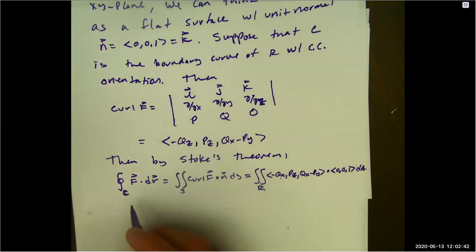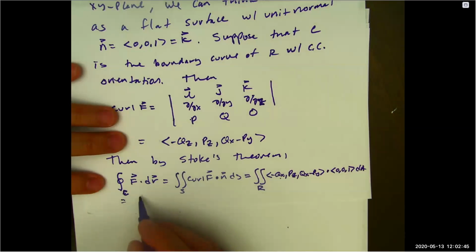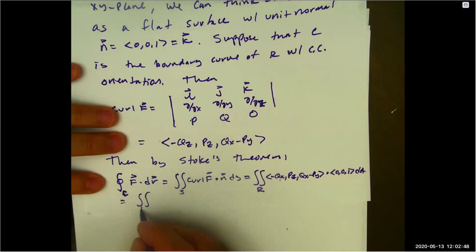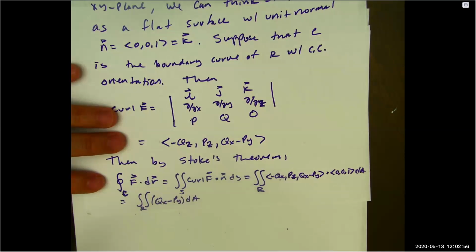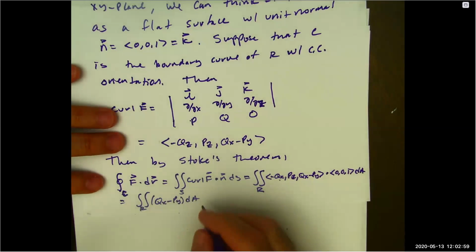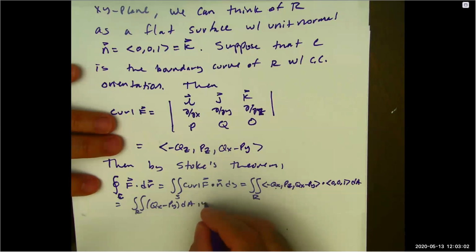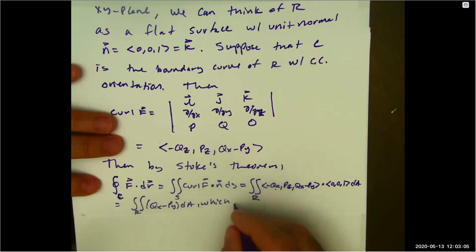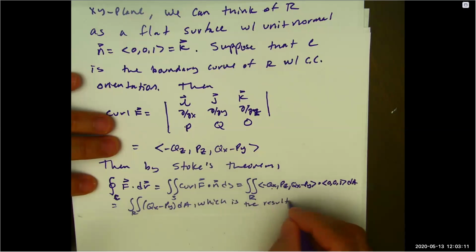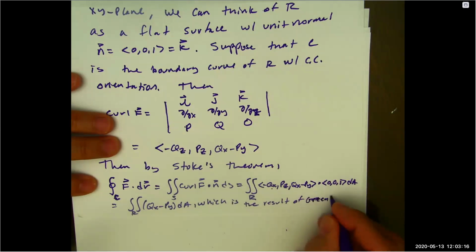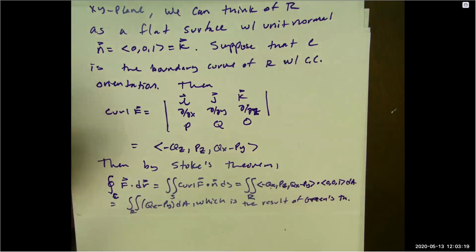And so what we get is just the integral over R of Qx minus Py dA, which is the result of Green's theorem.